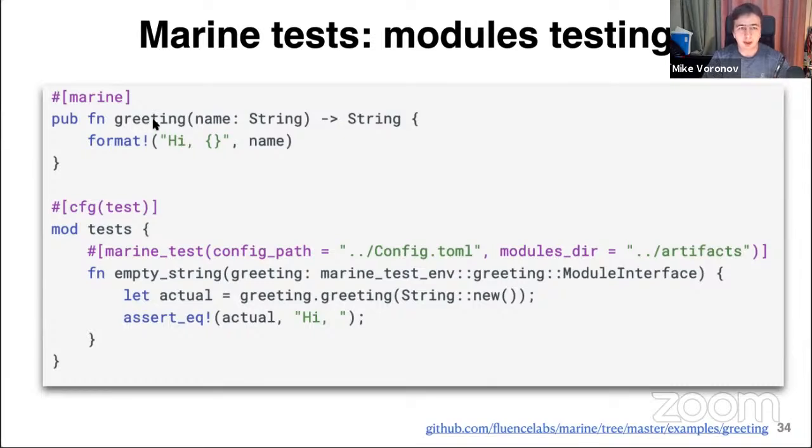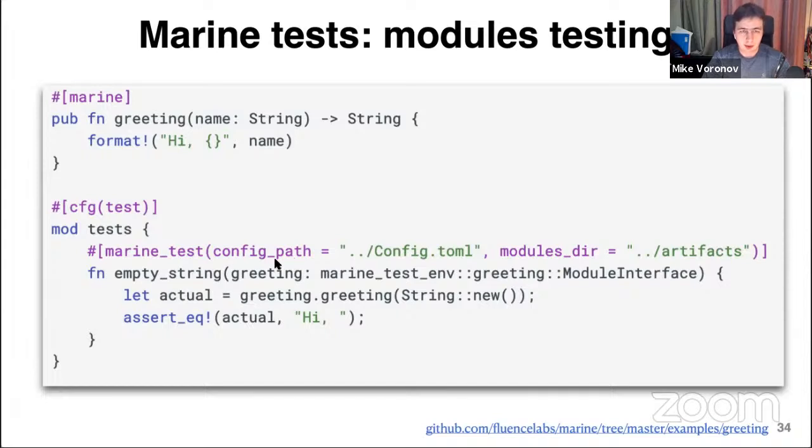If you have only one function that you want to test, and this function just receives a string and returns a string, for example imagine that we want to pass an empty string and then check that everything works fine. Then there are only five lines that you need to write. You just provide marine_test with the places where modules are located in your file system and where the configuration file for your service is, which here consists of only one module. And basically that's it.